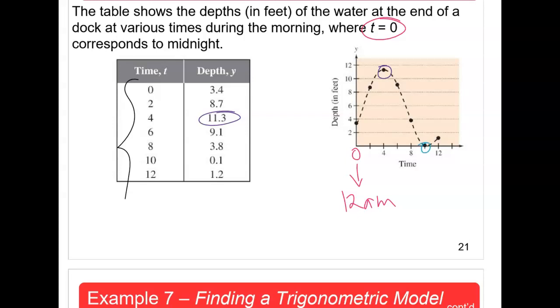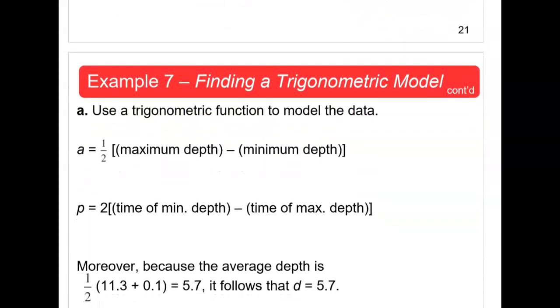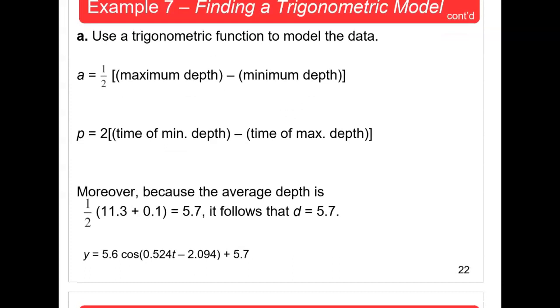It almost looks like a 0, but if we look at the graph, we can see that it is 0.1. So we're going to use those two to get the minimum and the maximum, and once we get that, we will be finding the amplitude. And I did discuss this at the beginning of the section.